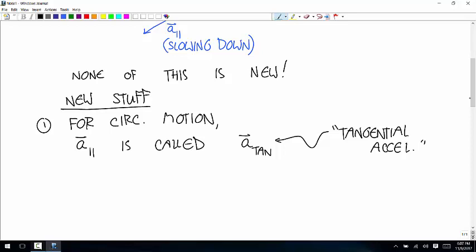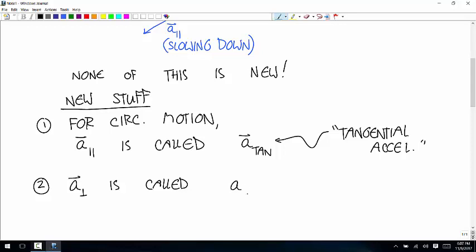That's a pretty minor hurdle to overcome. And then the second one is A perpendicular. It's called centripetal acceleration.